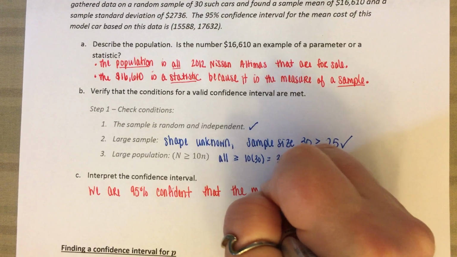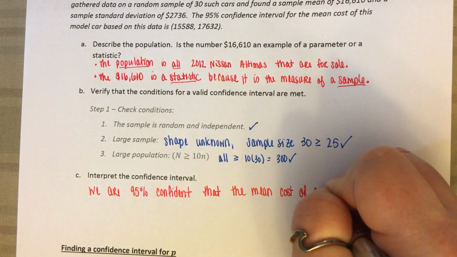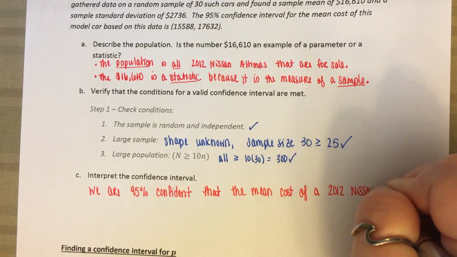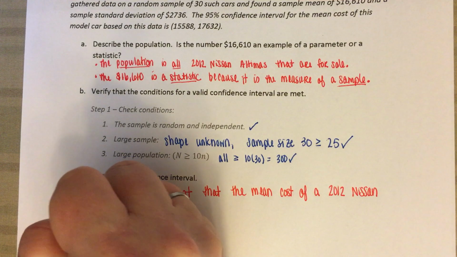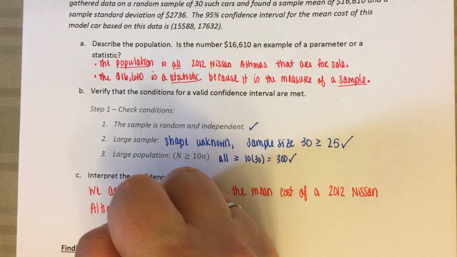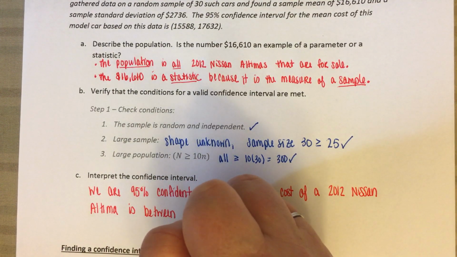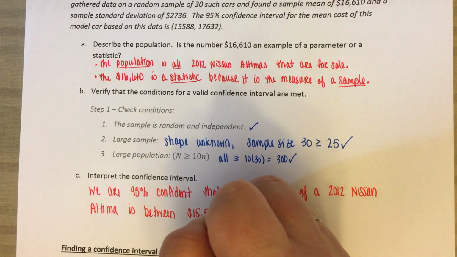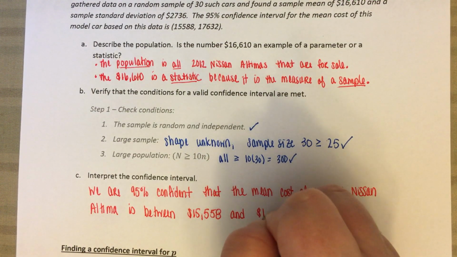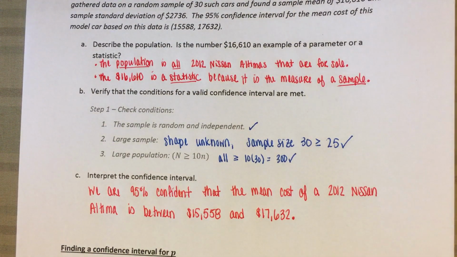We are talking about the mean cost of a 2012 Nissan Altima, and then our range is between $15,558 and $17,632.